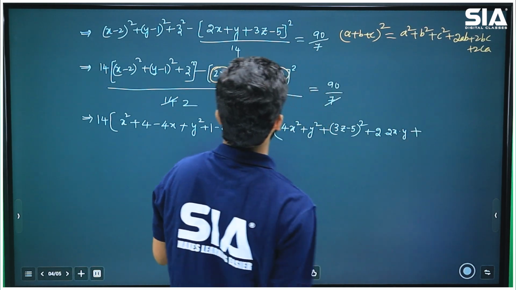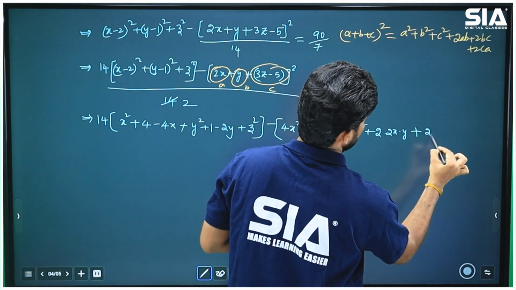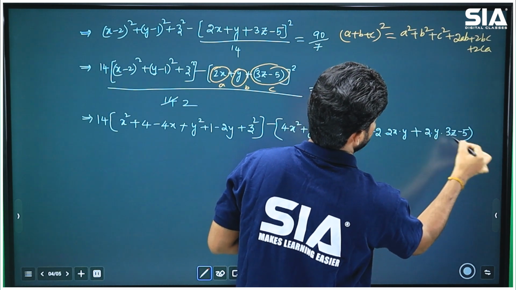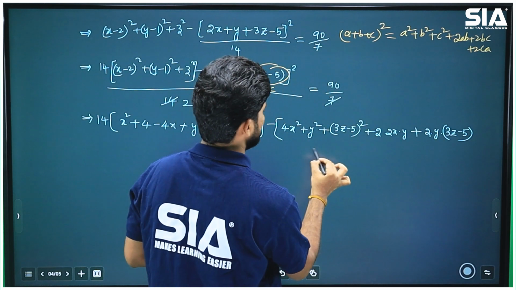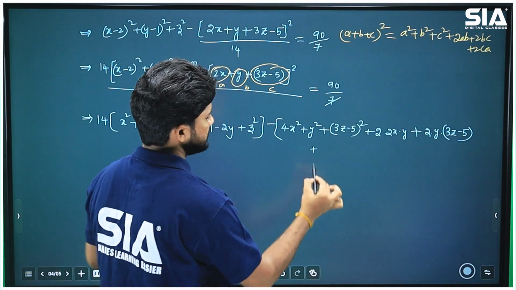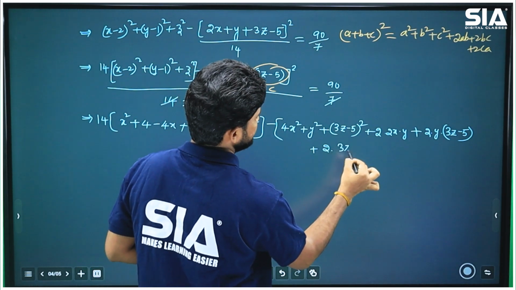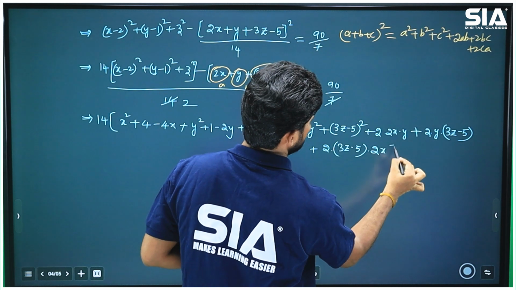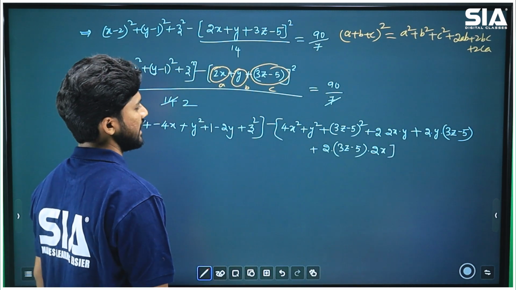Plus 2bc: 2 into y into (3z minus 5). Plus 2ca: 2 into (3z minus 5) into a, and a is nothing but 2x. This is the total expansion.